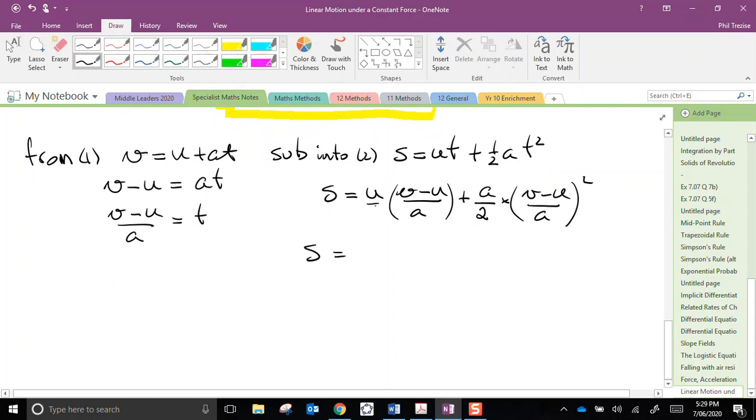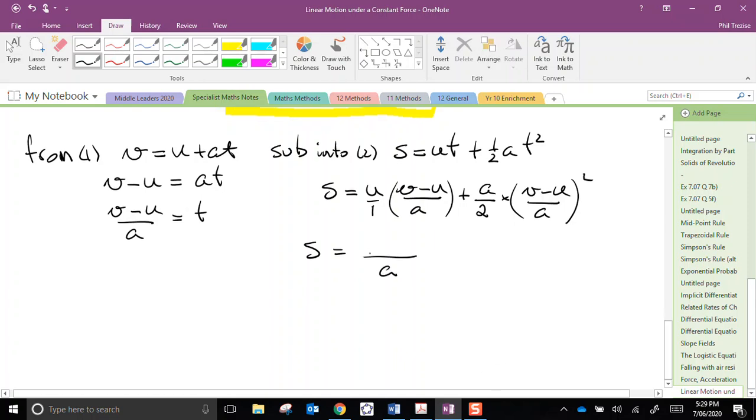So thinking of this as u over 1, this first one would be u times (v minus u), squared. The next one I would have a over 2 by, well, the a would be squared, and this would be v squared minus 2 times uv plus u squared.